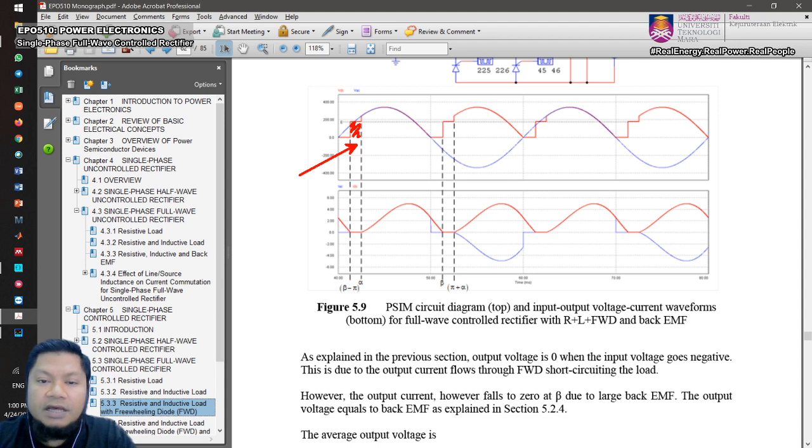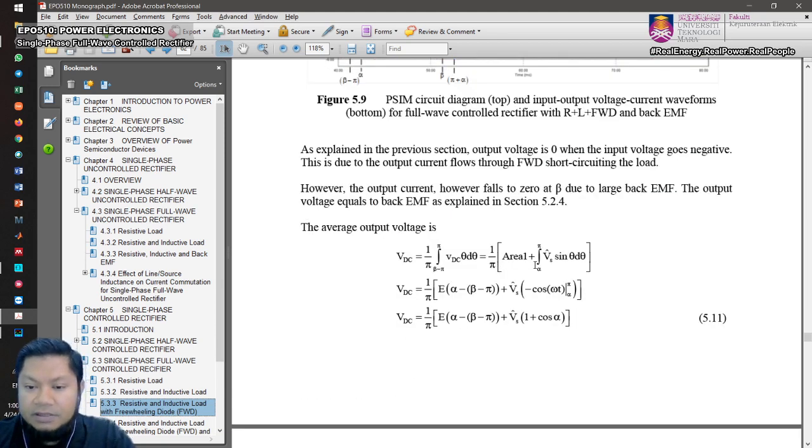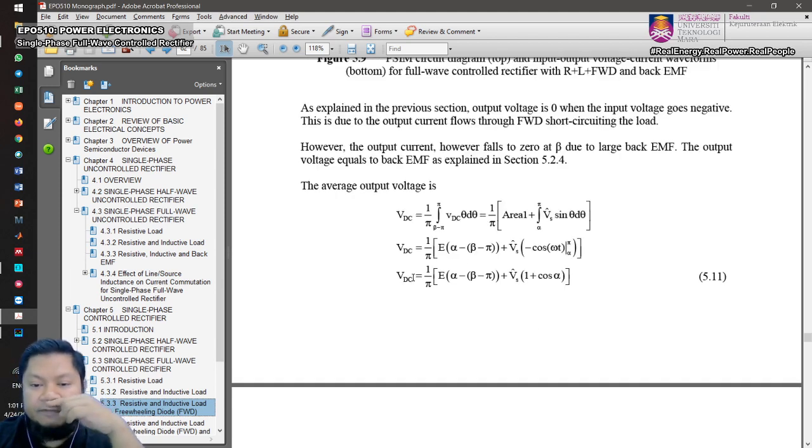Then you get this area under the curve, and the other is the integral from alpha to pi of V sine theta. Solve that, and this gives you VDC equals 1 over pi, E multiplied by alpha minus beta minus pi, plus the area under the curve, which is V peak times 1 plus cos alpha. Right?